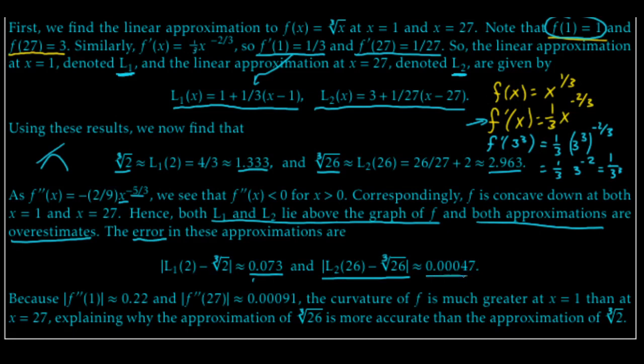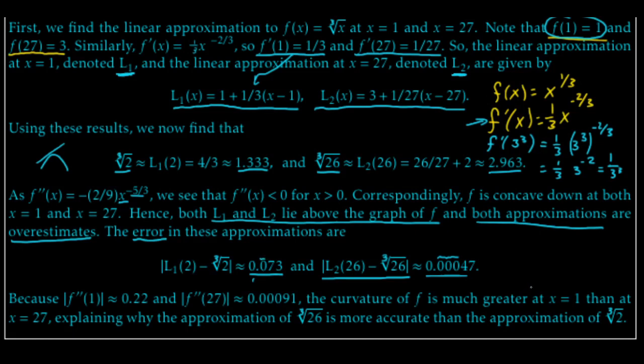So it looks like my estimate of the cube root of 26 is way better than my estimate of the cube root of 2. They're both pretty good, but man, that's a lot of zeros right there compared to that 1 right there.